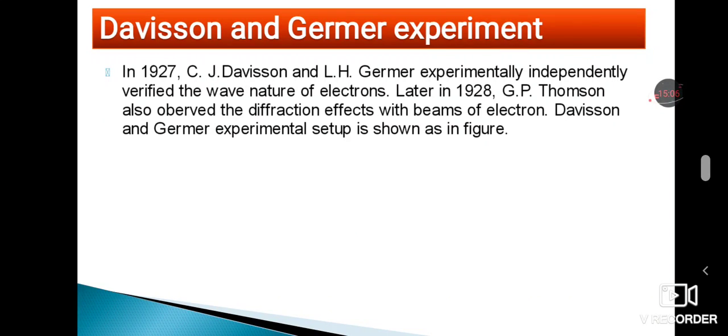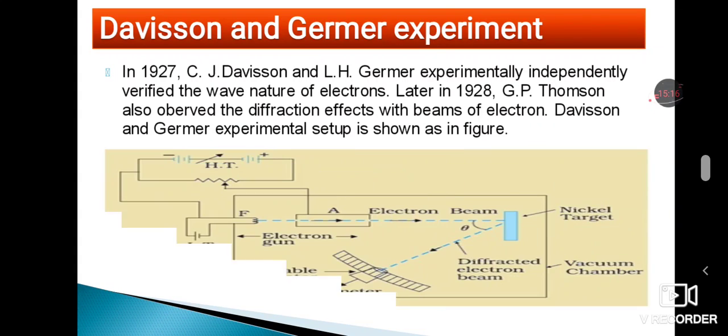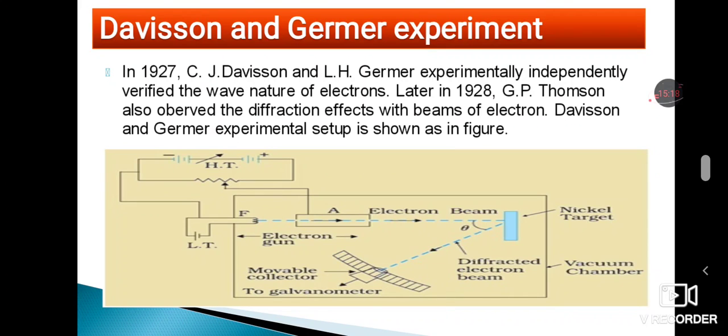Later, in 1928, G.P. Thomson also observed diffraction effects with a beam of electrons. The Davisson and Germer experimental setup is as shown in the figure. Here HT means high tension, and F is the filament, and LT is the low tension.